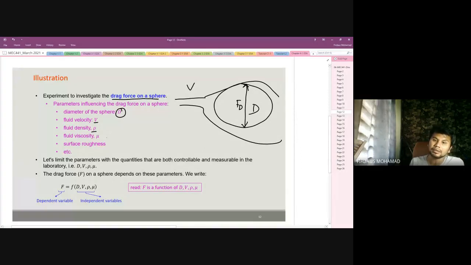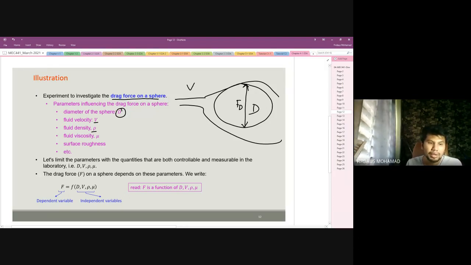Kalau air lain, kalau water lain, dia punya parameter. Viscosity antara air dengan water lain, surface roughness. Okay, surface roughness which directly related to the viscous ataupun the surface tension antara fluid dengan sphere.